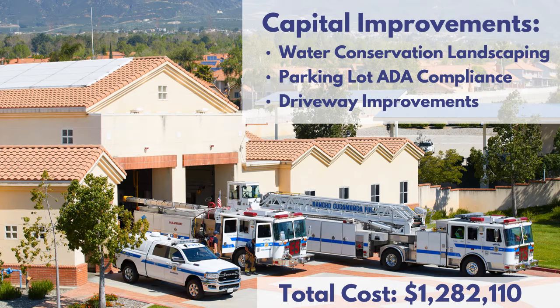They'll also be updating the parking lot to comply with ADA rules and regulations, and also hardscape improvements for emergency response vehicles and driveway circulation. The point of this CIP is to decrease maintenance and operation costs long term. The fire district won't know the full impact of this until the full design is completed.